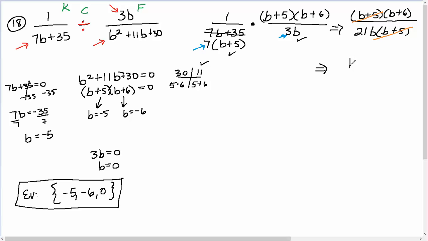So what do we have? We have b plus 6 over 21b. And those b's do not cancel because b plus 6 is a group. So that b is not by itself, okay? So they do not cancel. The answer stays like this.